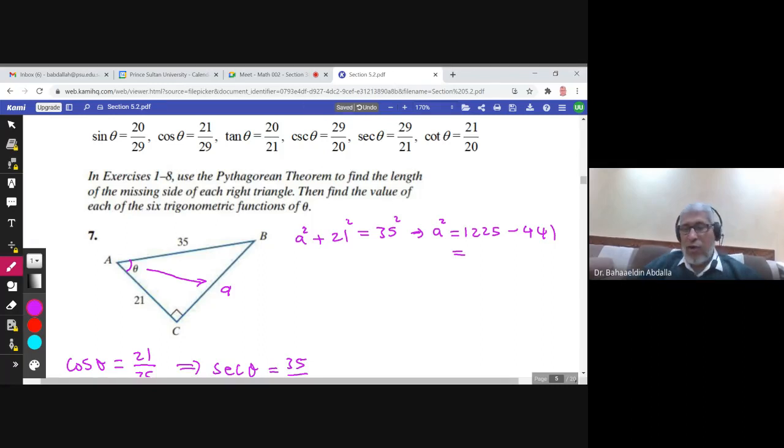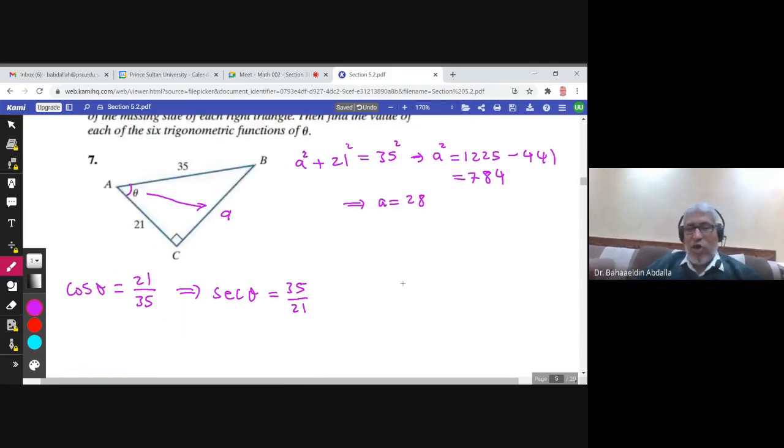It would be 784. I asked the calculator to find the root of 784, and I will get that A is positive or negative 28, but we cannot take the negative because it is the length of a side. So A is 28, so the opposite side is 28. So I can find sine theta, which is the opposite over the hypotenuse.